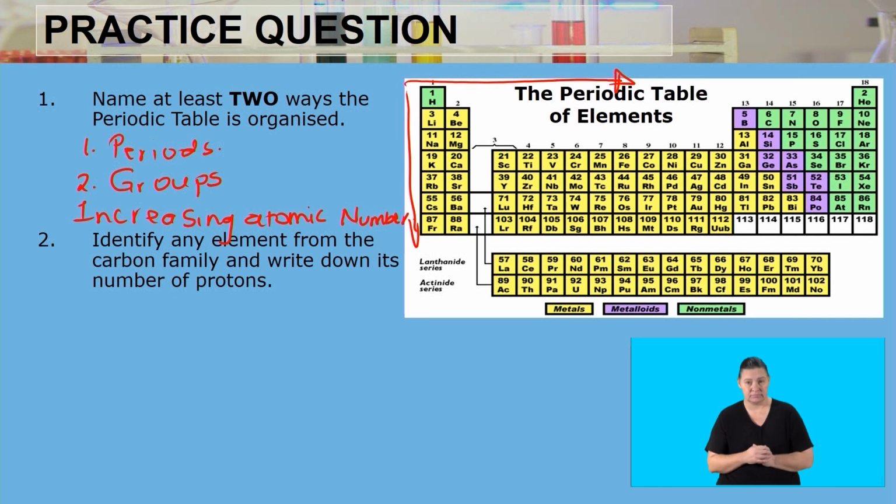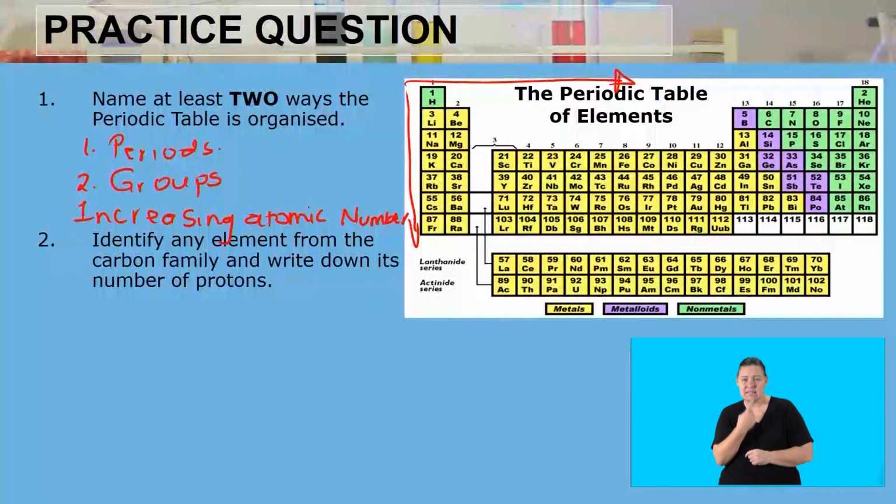Right? And then question 2 is asking you to identify any element from the carbon family and write down its number of protons. So we need to look at the carbon family and remind ourselves what they mean by a carbon family. Remember that the periodic table is arranged in terms of groups and periods, and groups are sometimes referred to as families because people in a family have similar characteristics, so as with the groups here.